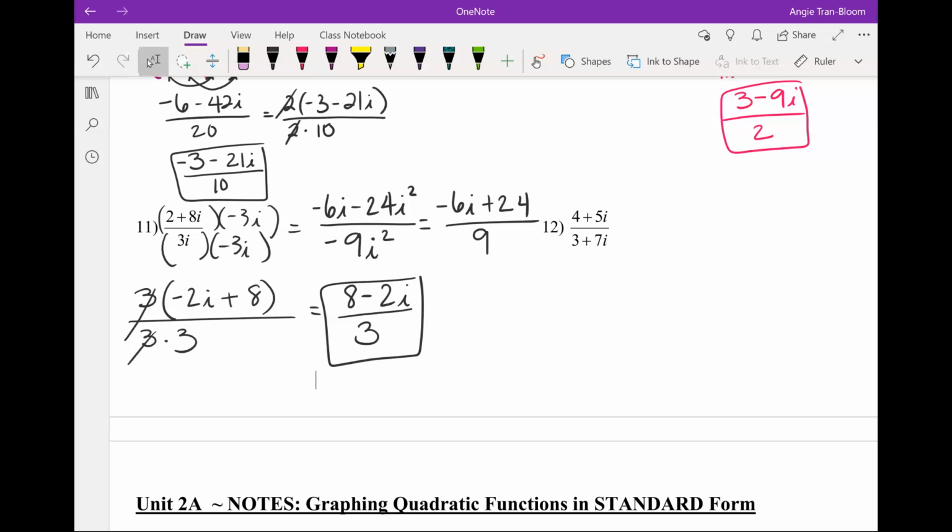Guys, what's the denominator? Okay, so someone said the denominator is 58. Okay. 12 plus 59.